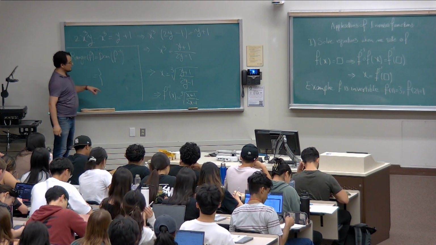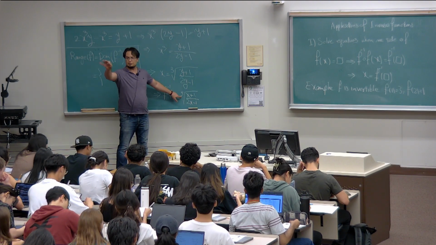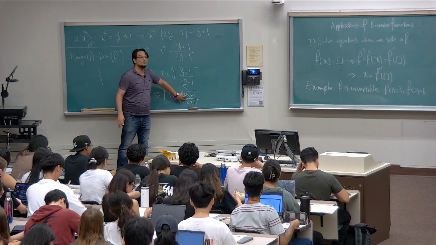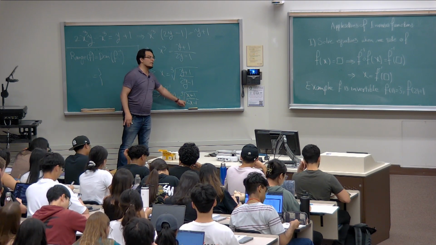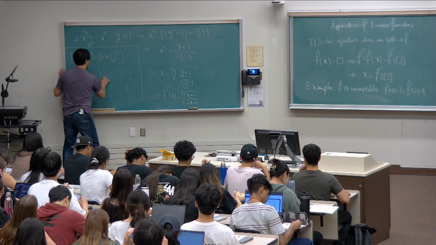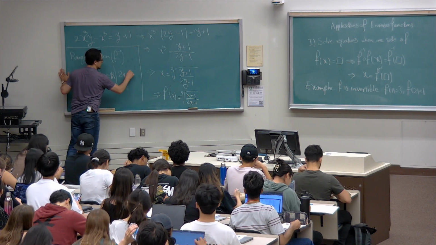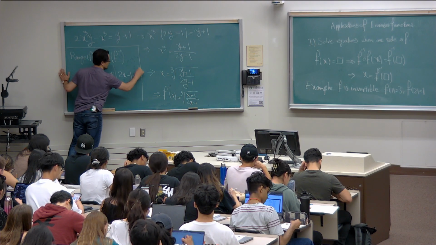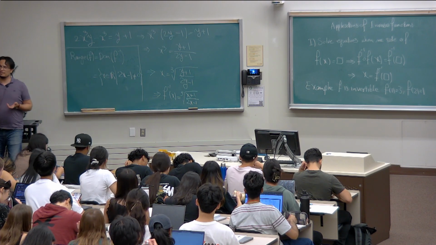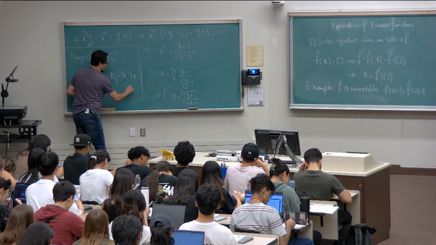The domain here is easy. This is an odd root, so it doesn't introduce any restriction. This is a fraction, so the denominator cannot be 0. So that is all x in R such that 2x minus 1 is not 0, which is the same as saying x is not one half.